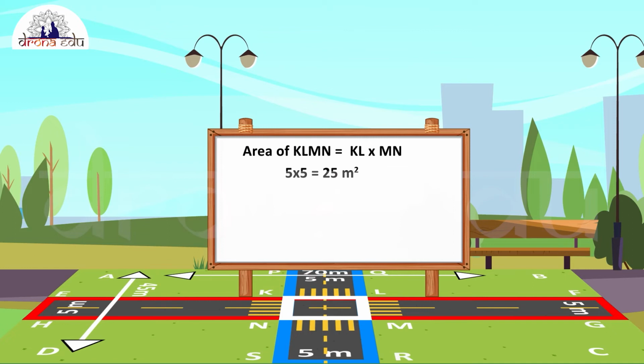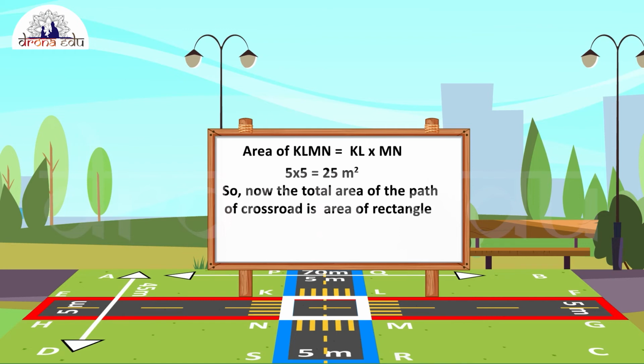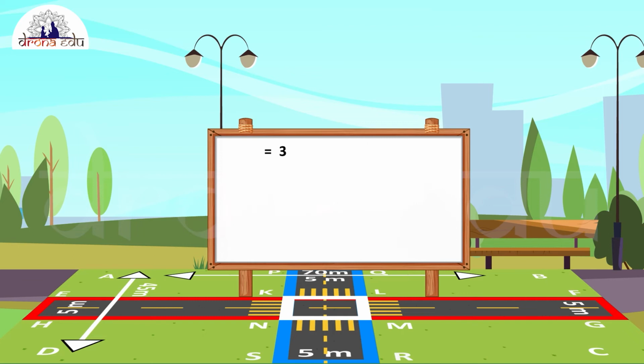So now the total area of the crossroads is the area of the rectangle EFGH plus the area of the rectangle PQRS minus the area of the square KLMN, which is equal to 350 plus 225 minus 25.